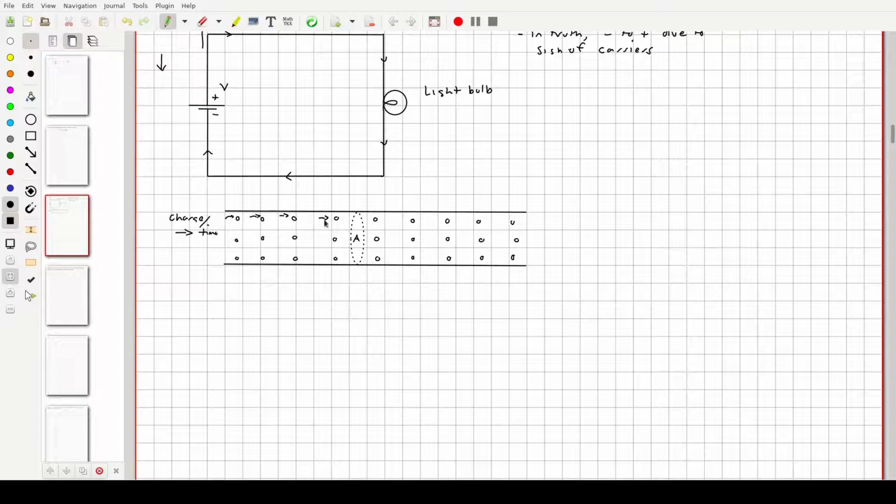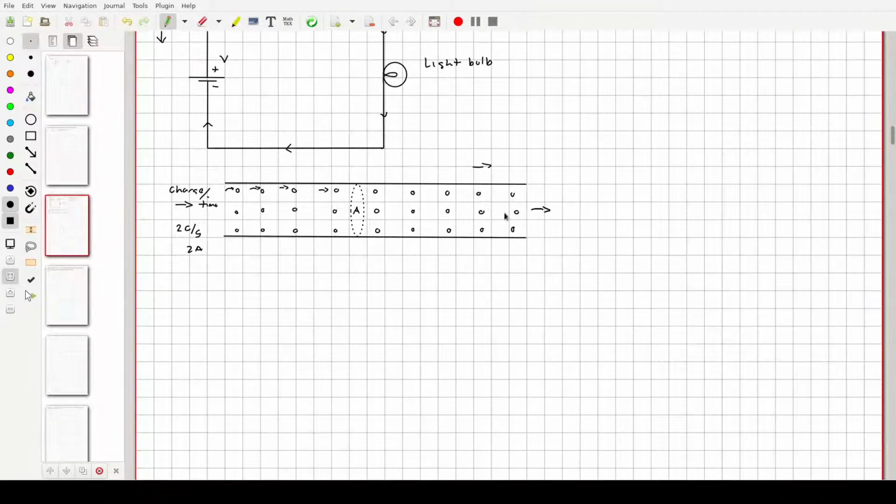It's not a straight line. The interaction is very much random. It's a random walk path as it goes through, but the bulk direction is this way. So if you were to put in, for example, 2 coulombs per second, or 2 amps, you would have the same amount come out over here. To be very clear, it's not the same charge. It's the same amount of charge. You're not looking at the same electrons that were crammed in over here.